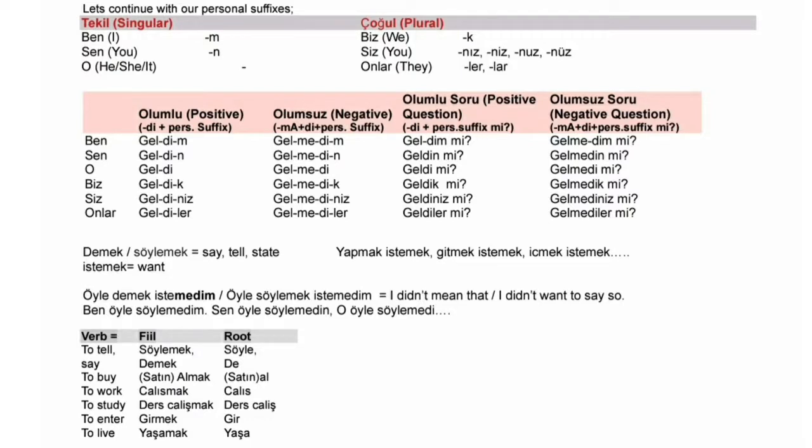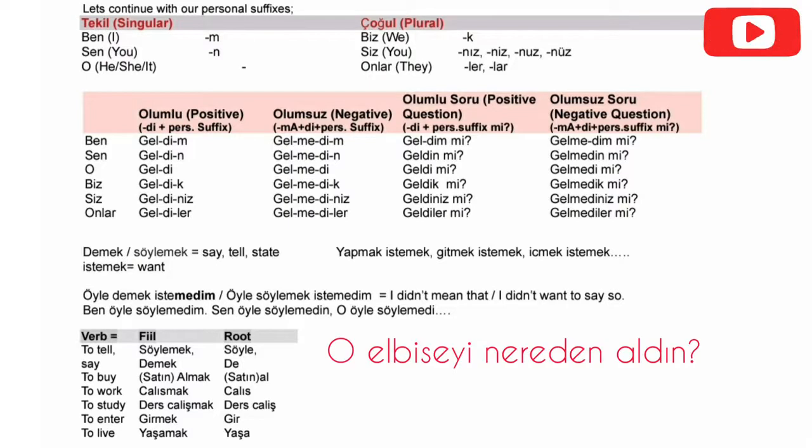Here actually with using a question word also you can make questions. For example, o elbiseyi nereden aldın? Where did you buy that dress? So here you can see aldın.